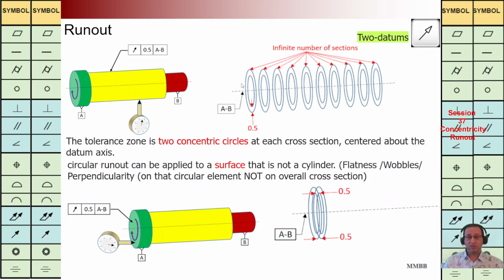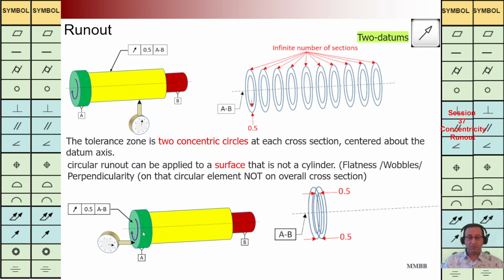For each cross section, we are going to have two concentric circles, and the TZ is 0.5, and the form of that cylinder should be in that interval. In this manner, we are going to control the orientation of that cylinder as well. But keep in mind, these cross sections are going to be checked individually.